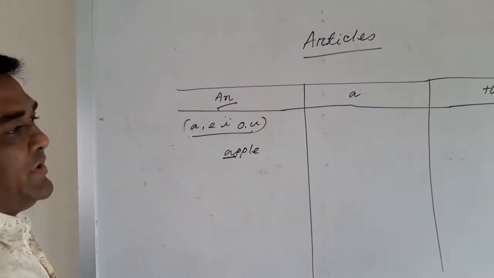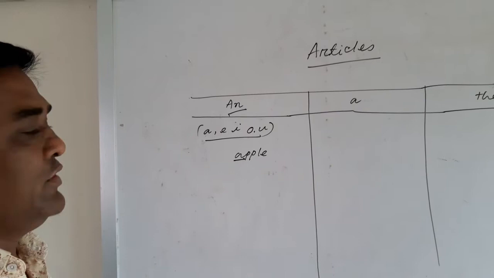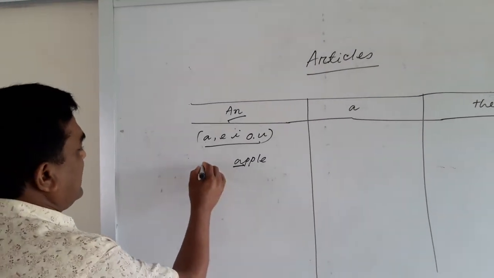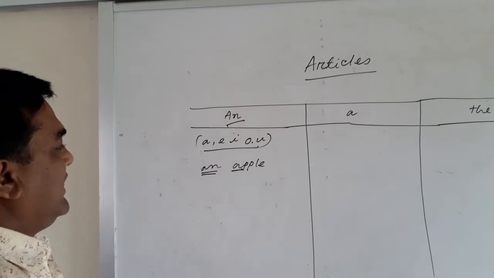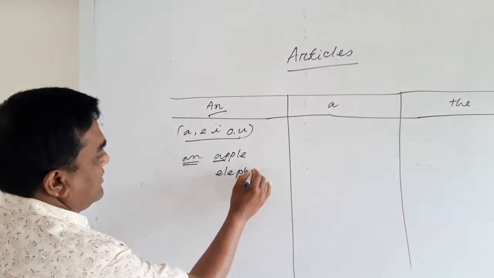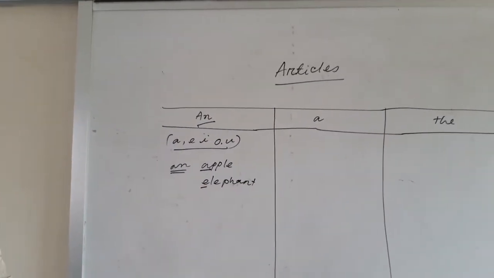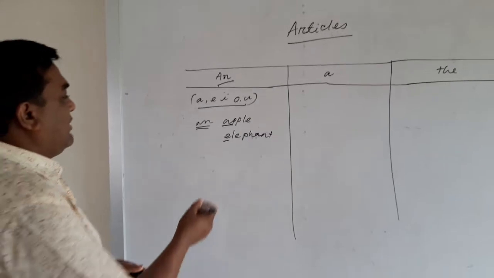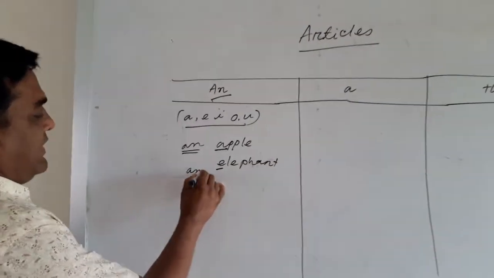This word begins with a vowel, so it takes article N. Then elephant. This word also begins with a vowel, so it also takes N.